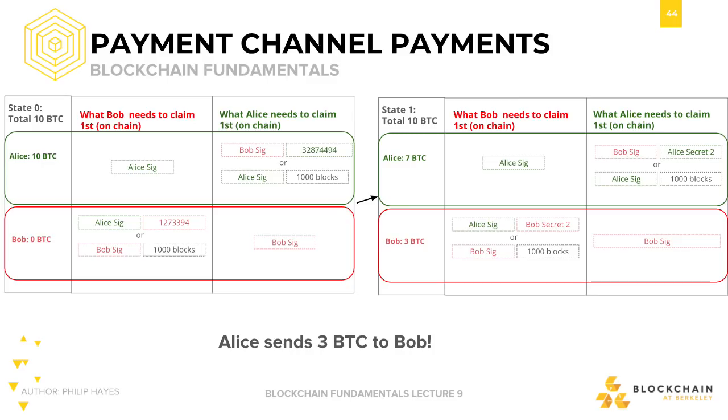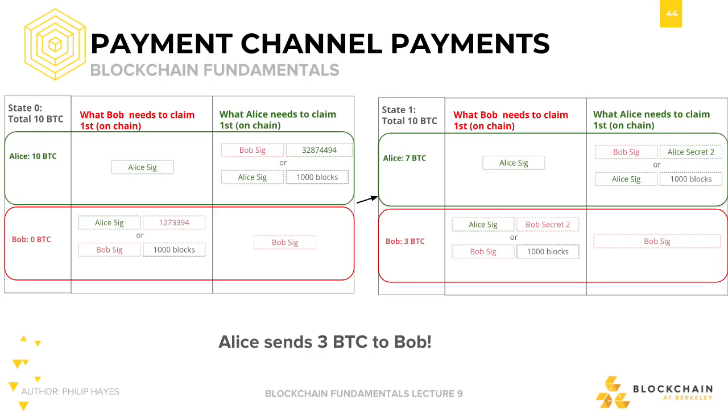But Bob sees that she's trying to do that. He sees her signature that she's trying to get her 10 Bitcoin back. In that scenario, Bob can use her signature because she signed it. She already gave it out. He can use her signature to say that she's cheating on me and I'll take the money back from her.